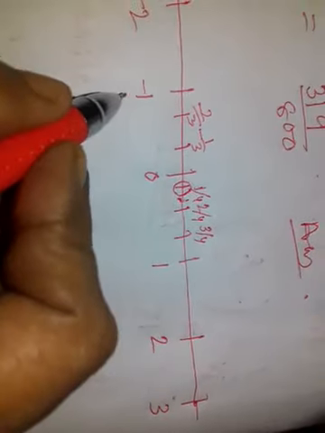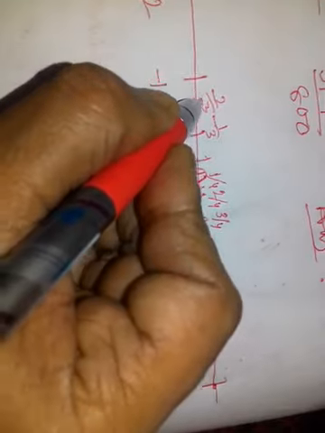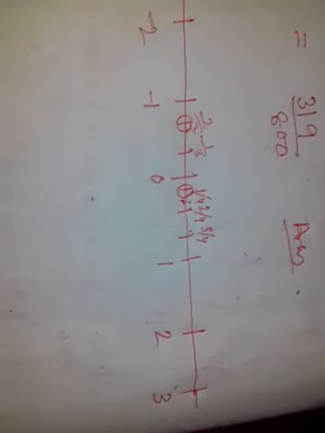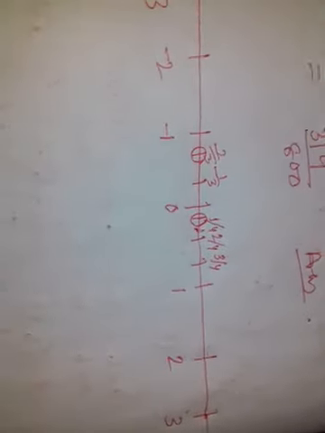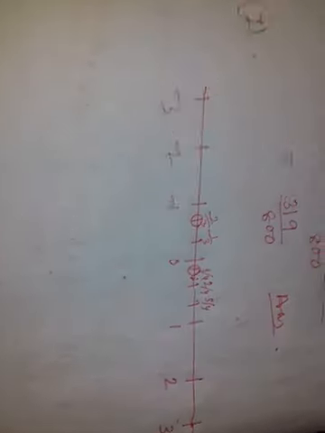Minus 3 by 3 means minus 1. Now the required number is minus 2 by 3, so this is the place of minus 2 by 3. Understood how we have to put the fraction or rational number in the number line?